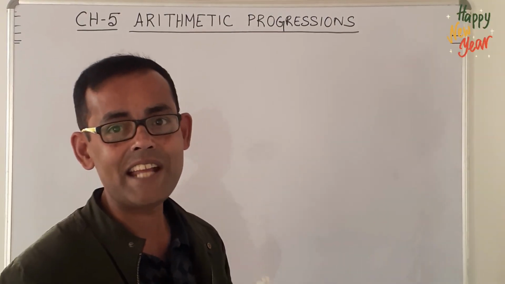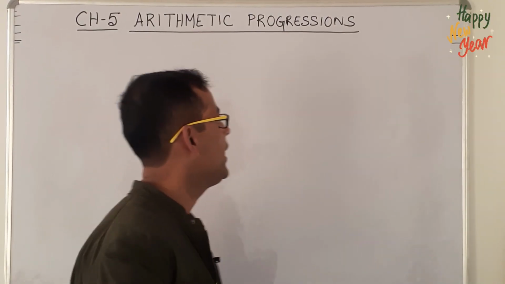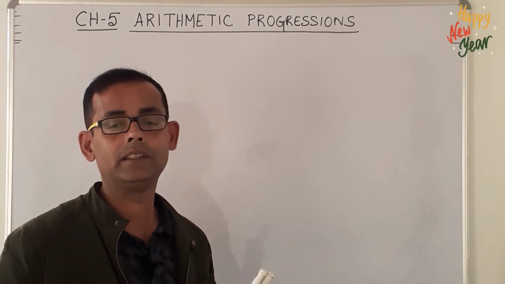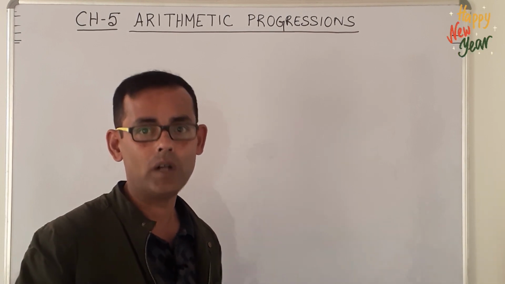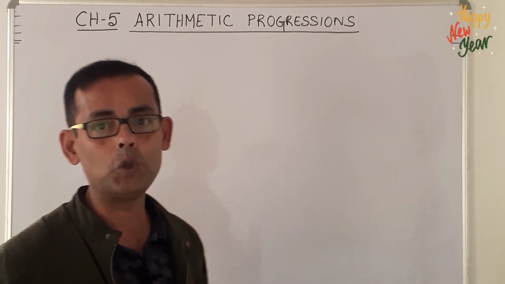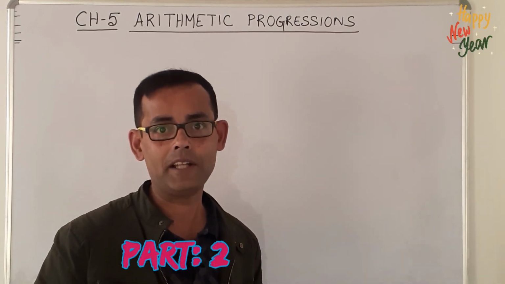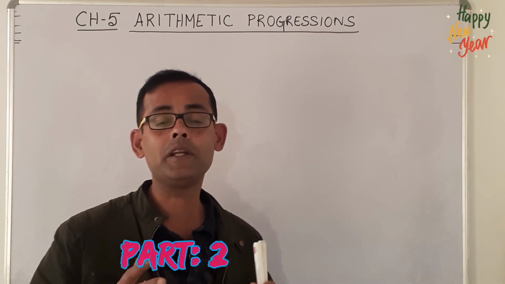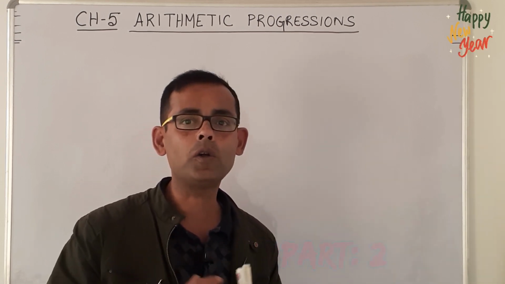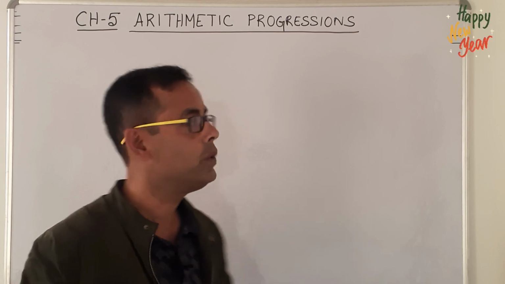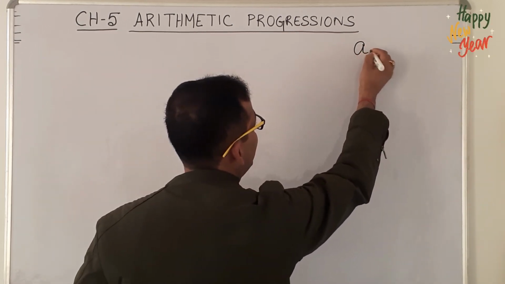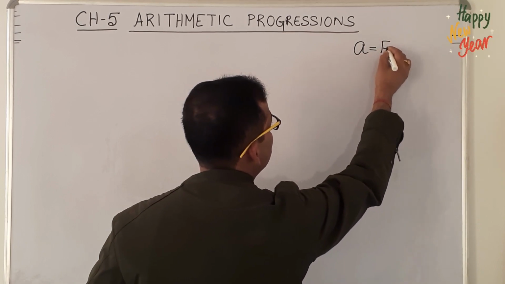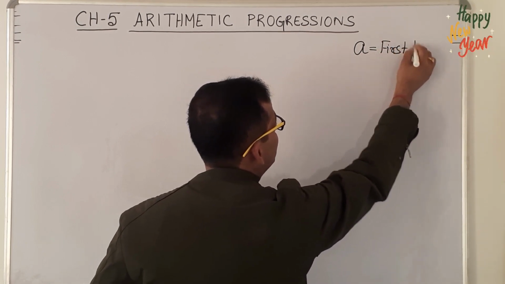Now, class 10 students, we have already studied the basics of this chapter in part 1, and this is part 2 of chapter 5 Arithmetic Progression. So in part 1, what we understood? We understood, let me write it here, A. A stands for first term.